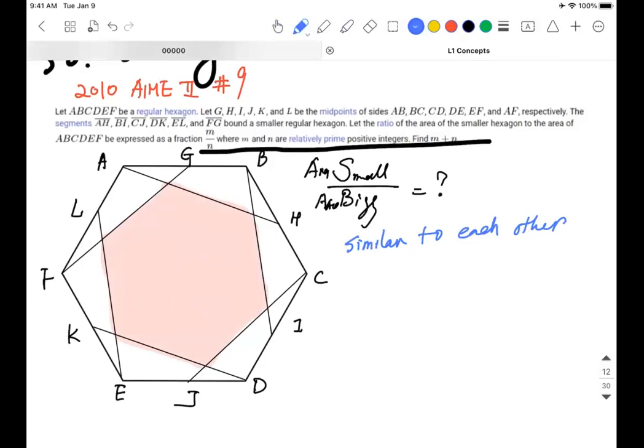So if I can do some magic and find the similarity ratio between these two shapes, then I would probably solve the problem fairly quickly. As long as I get the similarity ratio and square it, I'll be able to see the area ratio between the smaller one and the big one. But the million-dollar question is, how can I find the similarity ratio between the two?